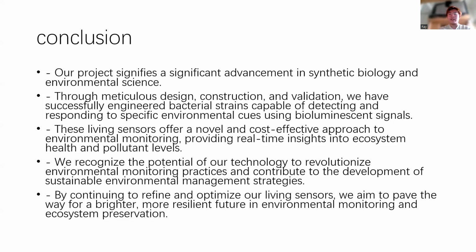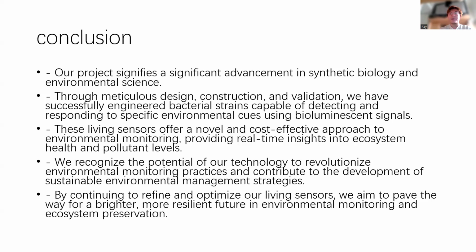These genes are typically incorporated into plasmids, which are small circular DNA molecules that can replicate independently within bacterial cells. Through the process of transformation, these engineered plasmids are introduced into bacterial cells, where they become integrated into the bacterial genome or exist as extrachromosomal elements.